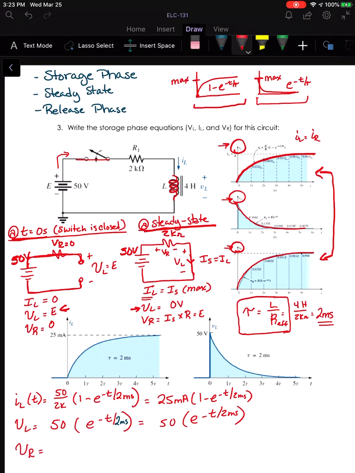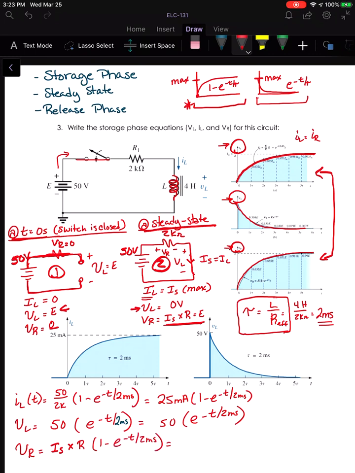And then V sub R. So notice in my first circuit, circuit 1, we're starting out at V equals 0, and in circuit number 2, VR is going to be at the maximum, which is just E. You could even just say I sub S times R, and the shape, we're starting at 0 and going to a maximum value, and remember that's right here. Okay, so 1 minus e to the minus t over tau.